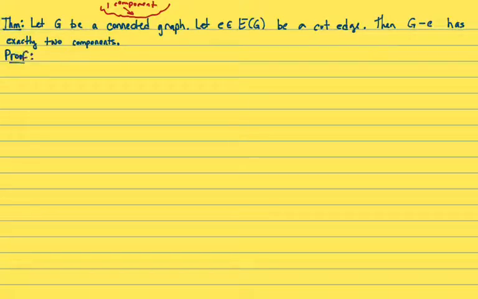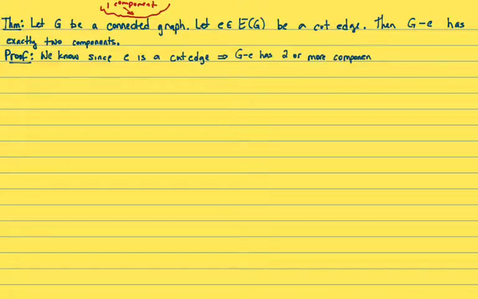So, proof. First of all, since G is connected and E is a cut edge, G minus E is going to have two or more components, because G has one component. A cut edge is an edge by definition that when you remove it, you increase the number of components.